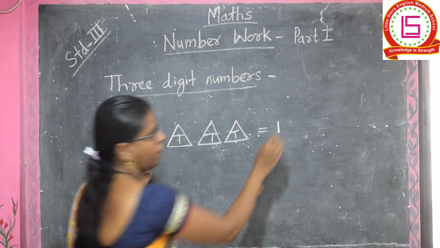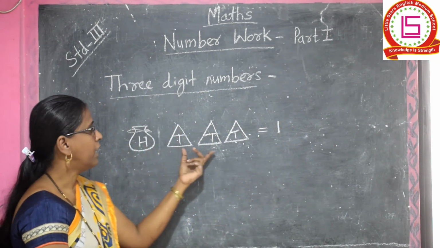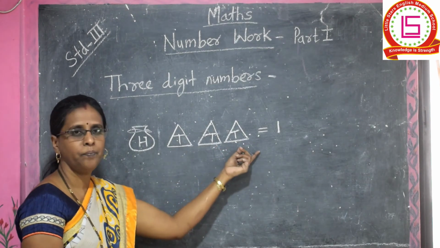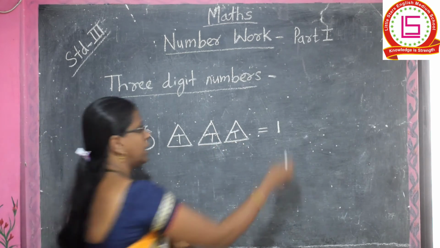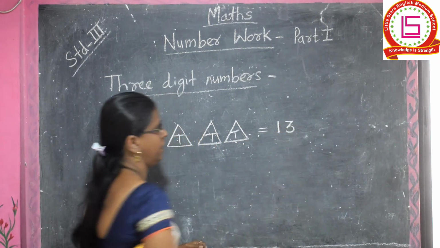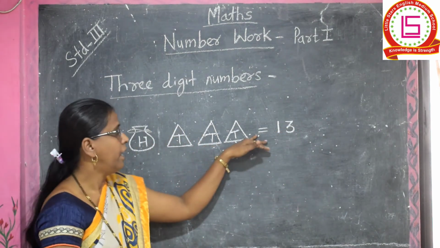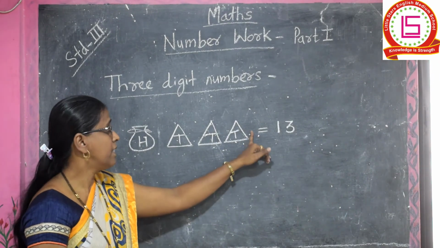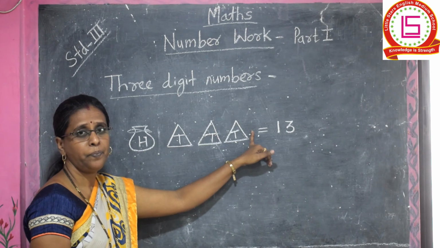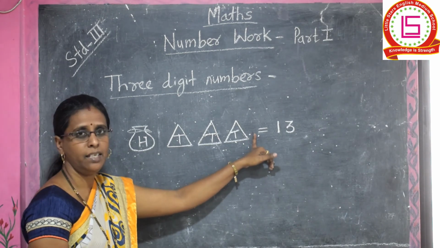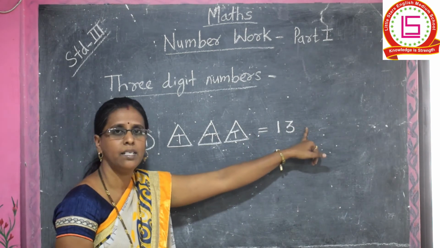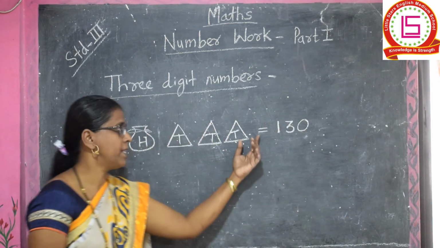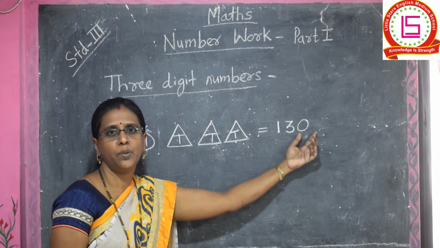So write 100. And how many tens after 100? Tens place. How many tens here? 1, 2, 3. Then write 3. Okay, and the unit place. Do we have a single digit here? No. That's why you write 0 here. No single beads are present here, that's why you write 0 at the unit place.